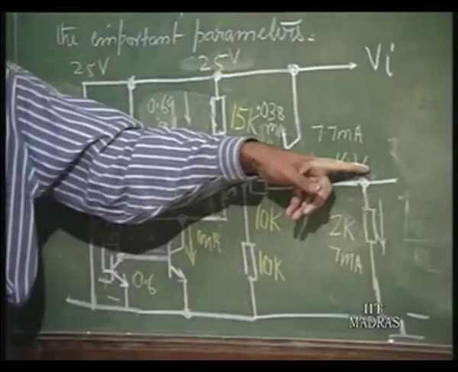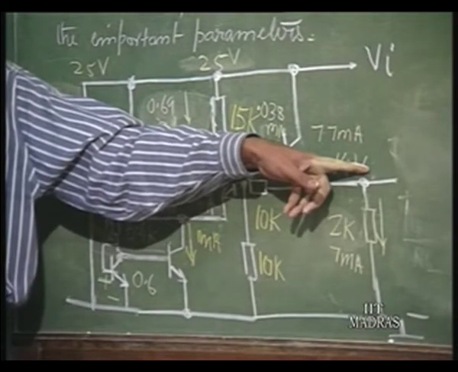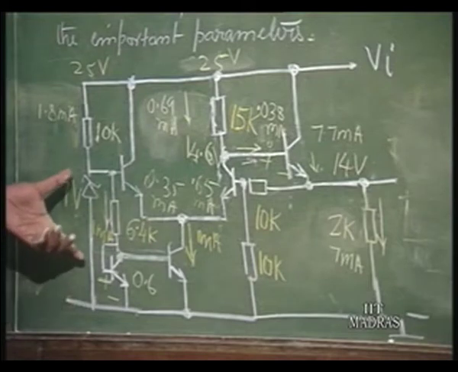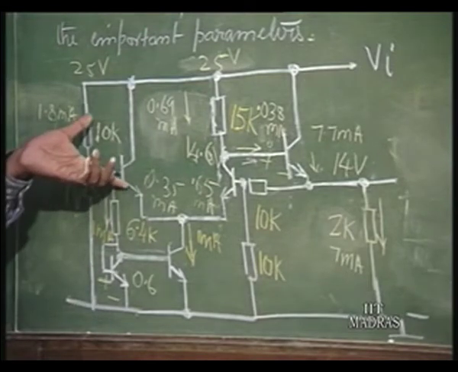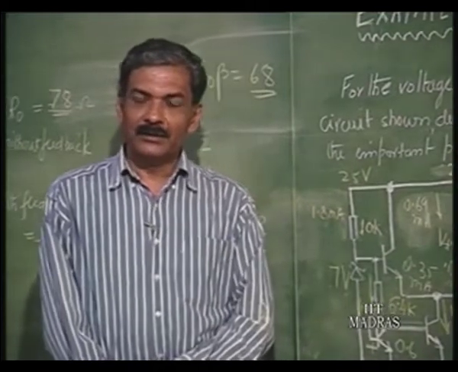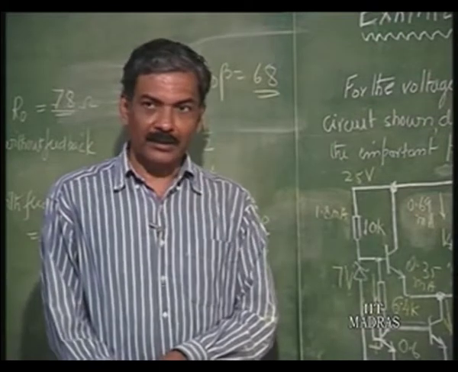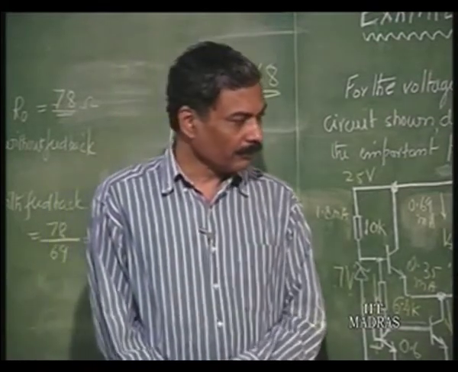So, the ripple rejection is due to this fact that RZ by RZ plus 10K into 2 is the ripple rejection factor, expressed as a percentage, is really what is normally indicated as ripple rejection.